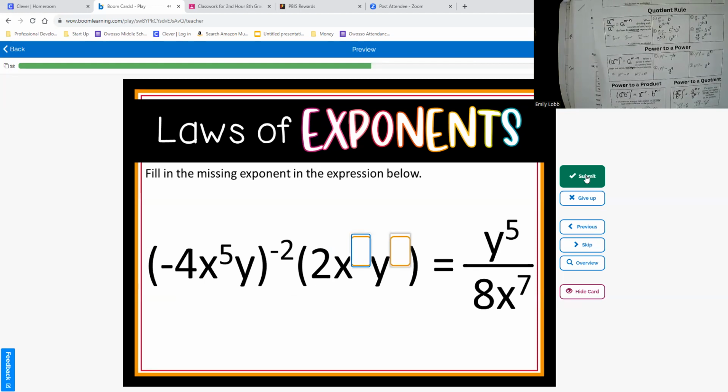So it definitely starts to get trickier. So this raised to the -2 means that this went to the basement and became 16.